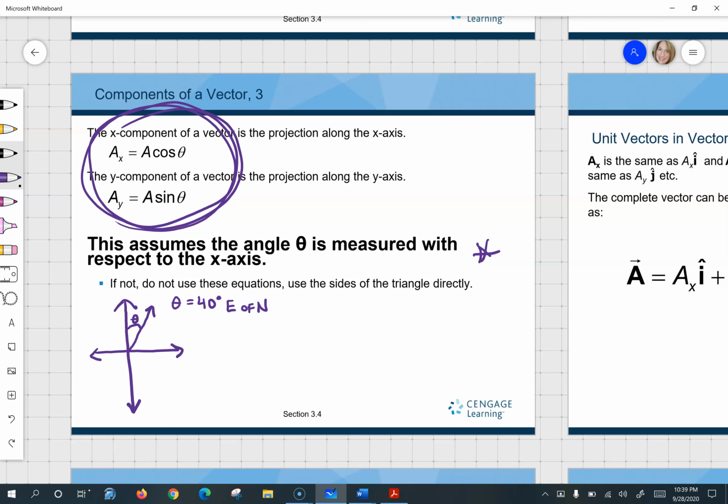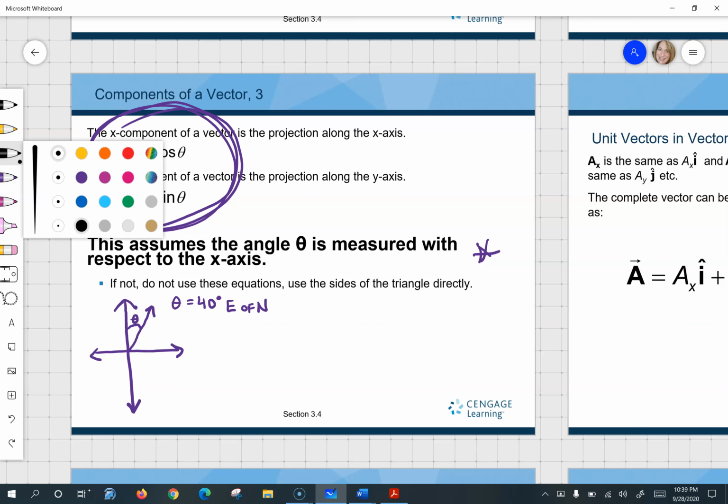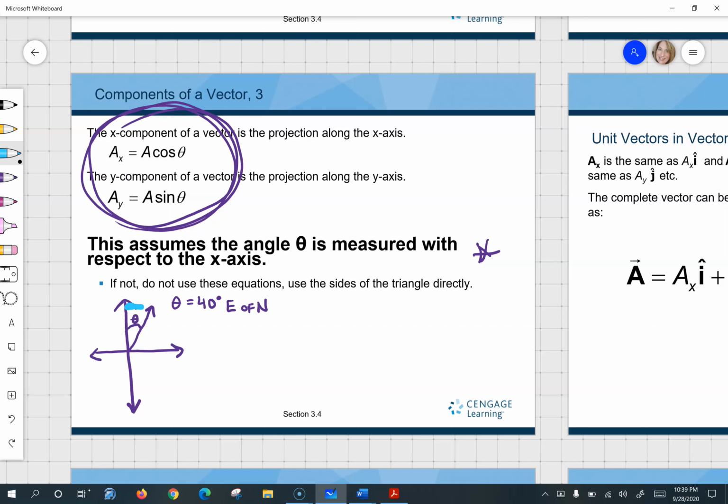You can either take it as it is, and you can say, here's my x, and here's my y. Or, what I typically like to do is if they give me this, and this is 40 degrees, then I know what this is. This is then 50 degrees.